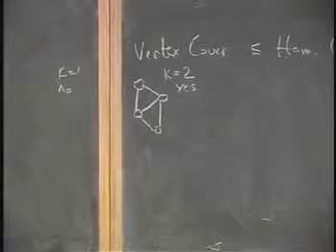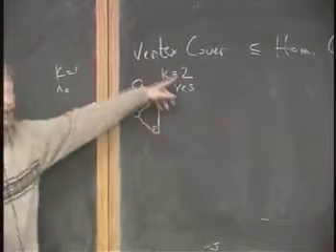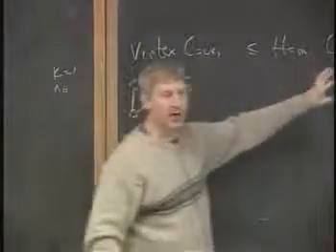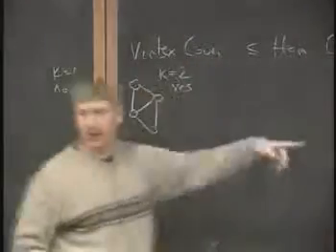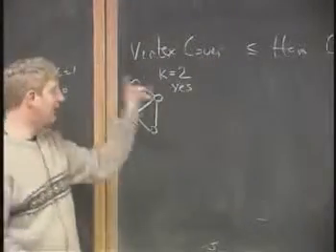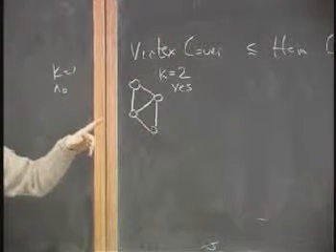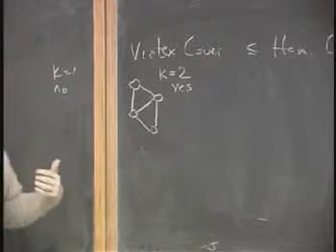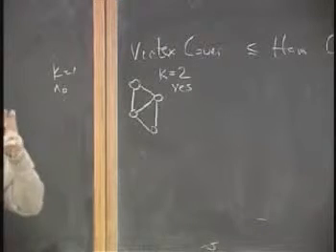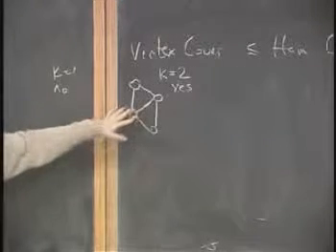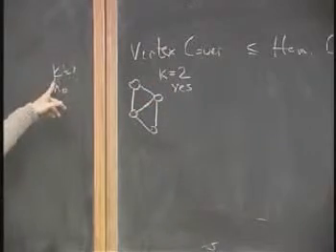I'm going to describe a reduction that takes this graph and a number and converts it to another graph. The new graph is going to have a Hamiltonian circuit exactly when the answer to this question is yes, and the new graph will not have a Hamiltonian circuit when the answer to this question of vertex cover is no. The two reductions that I'll do will be on the same graph. One will use k equals 2 and one will use k equals 1.